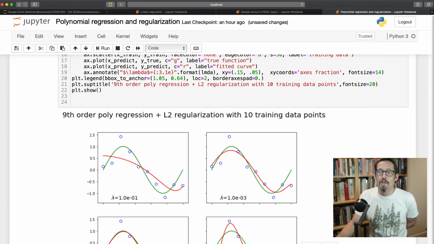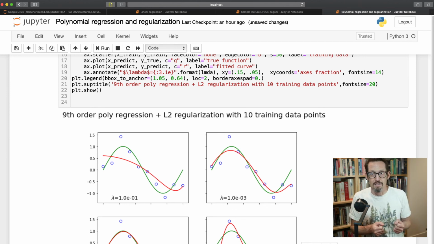And as we make that lambda closer to 1, 10 to the minus 3, or 10 to the minus 1, now we are squishing those weights and making the 9th order polynomial, which is way too powerful, we know that for a fact, way too powerful is now being squished down. We're adding bias to the situation.